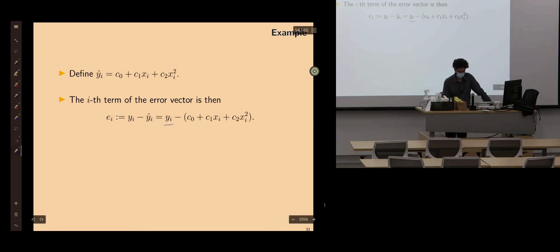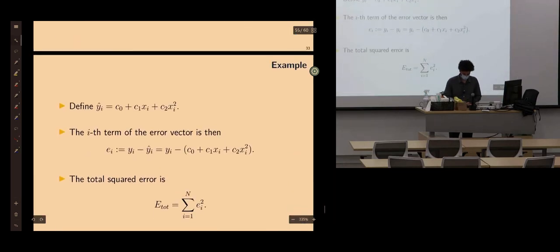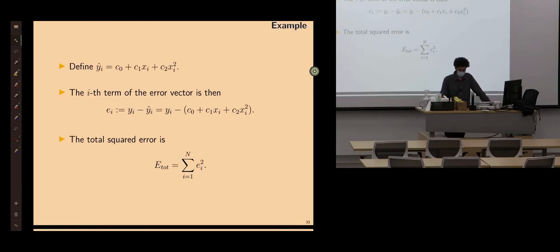Observed values are yi. Y hat is what you get from the model. You remember last time it was m xi plus b, right? It's the same thing. Observations minus the model. Now we have the total squared error, which is the norm, the square of the error.